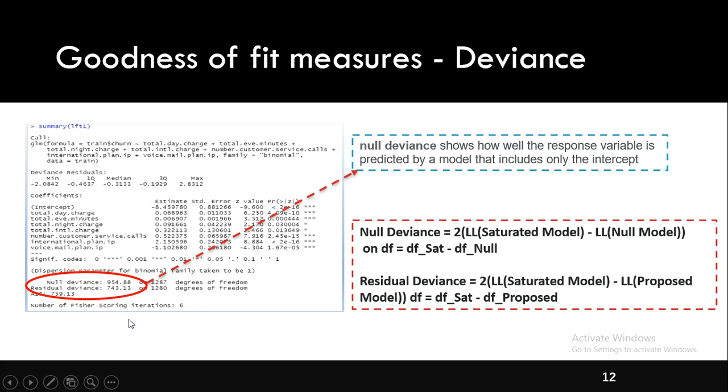It is somewhat similar to linear regression. Think of residual deviance as residual sum of squares and null deviance as total sum of squares. The larger the difference between null and residual deviance, the better the model. Here the deviance indicates the extent to which the likelihood of the saturated model exceeds the likelihood of the proposed model.